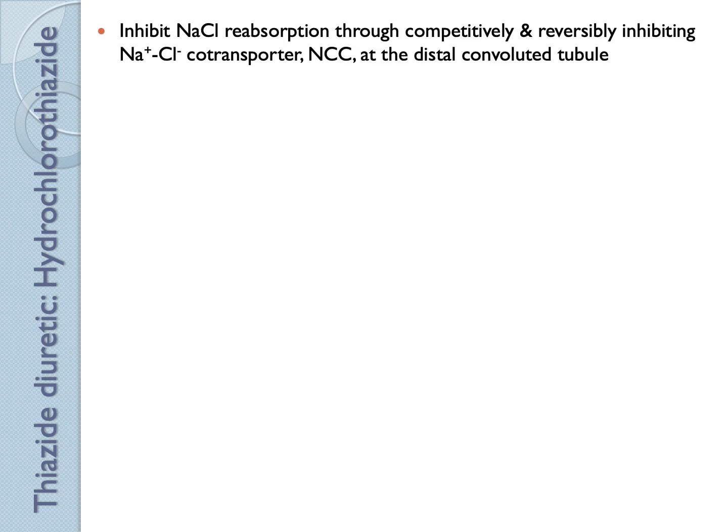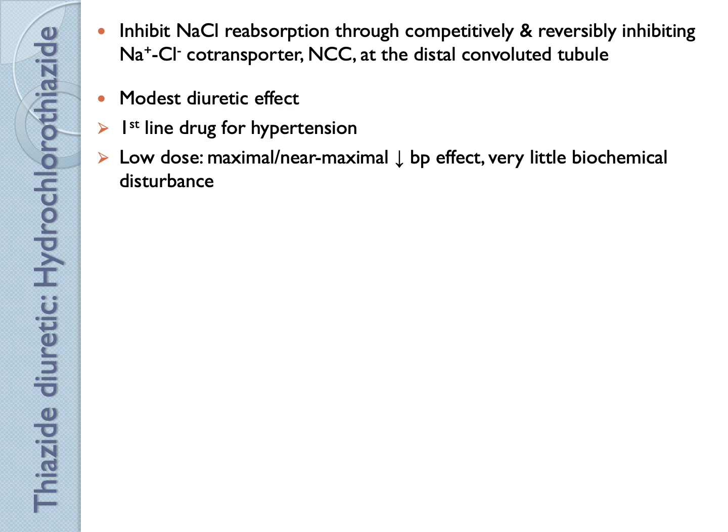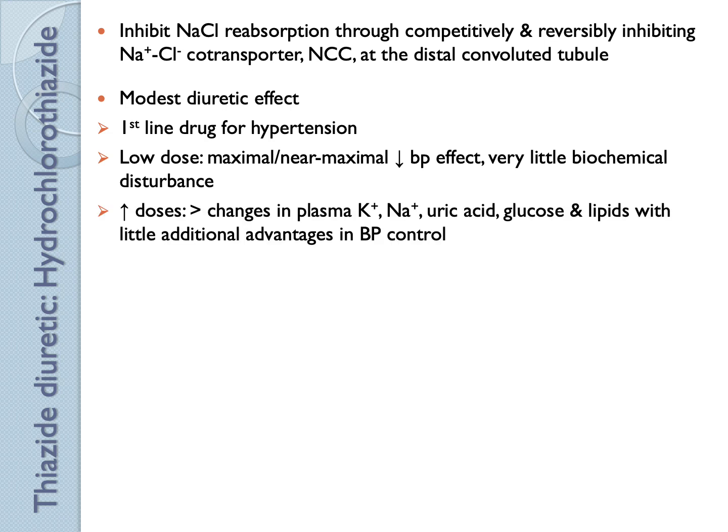The main drug that we're looking at is called hydrochlorothiazide, which inhibits the co-transporter competitively and reversibly. So it has a modest diuretic effect. It's mainly used as first line for hypertension in older people, although there's not much evidence on improving long-term mortality and morbidity. It's safe, with minimal disturbance to the other ions, because it's not the strongest.